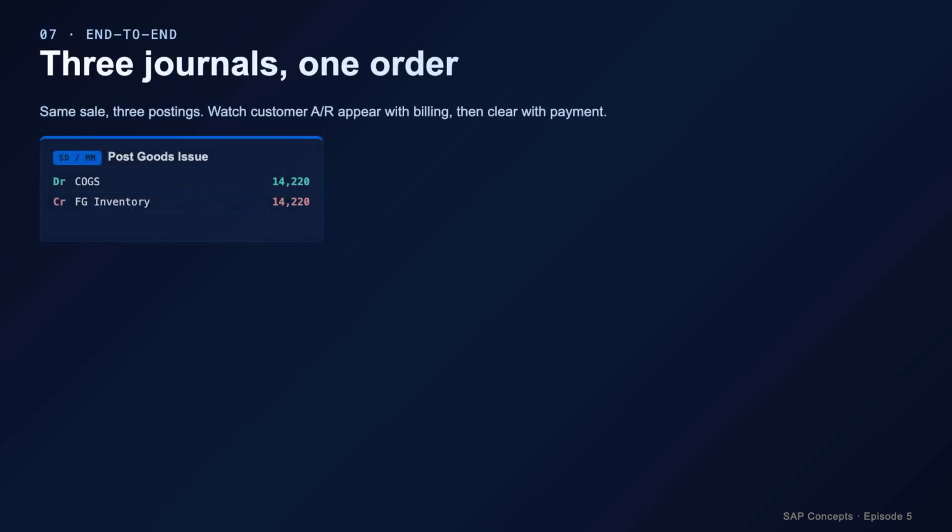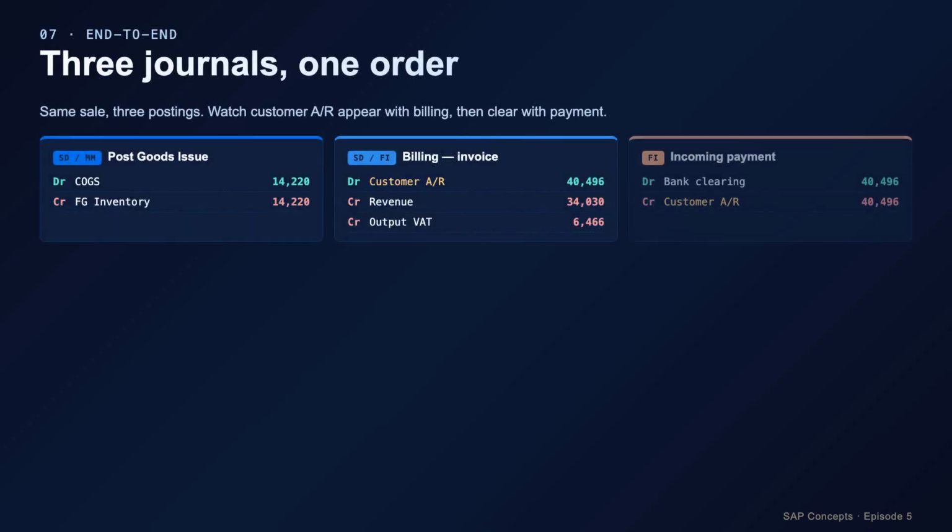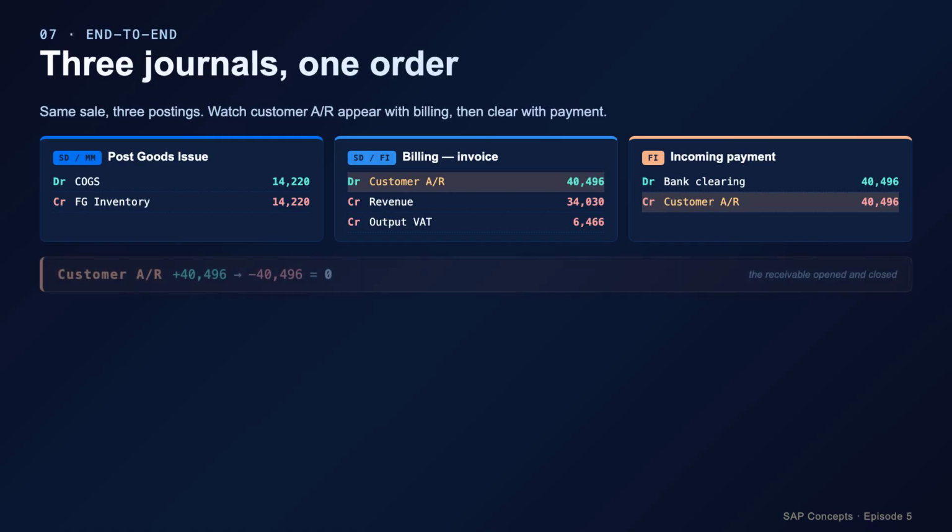Stack the 3 FI postings from one sale, and the rhythm is clear. Post goods issue, debit COGS, credit inventory, the cost side. Billing, debit customer AR, credit revenue, credit output VAT, the revenue side.